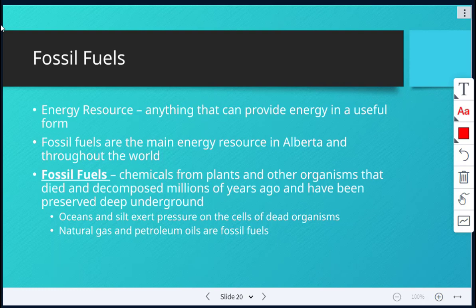These are the chemicals from plants and other organisms that died and then decomposed millions of years ago, and then they have been preserved deep underground. So oceans and silt, that'll exert that pressure on the cells of dead organisms. And then we have natural gas and petroleum oils, which are fossil fuels. So coal, oil, and natural gas.